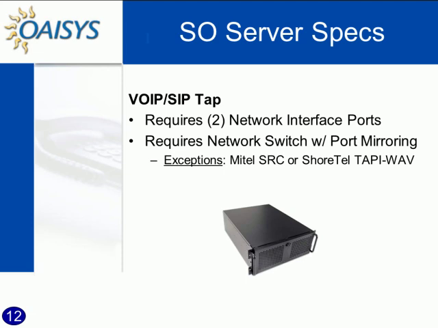One, we're going to have a server that has 2 NIC cards, so it needs to have 2 network interface ports provided on the server. And 2, we're also going to need a network switch that has port mirroring capability, which is a physical component of any time we're doing any sort of VoIP recording. The exceptions to that are the Mitel SRC or recording via ShoreTel Tappy Wave integration. Otherwise, we need to have those 2 physical things on premise or built inside of the server so that we can record in this software-only installation.